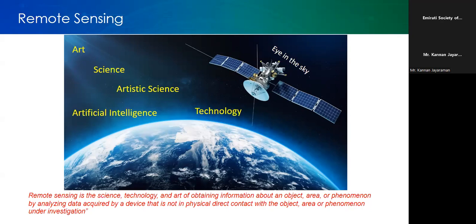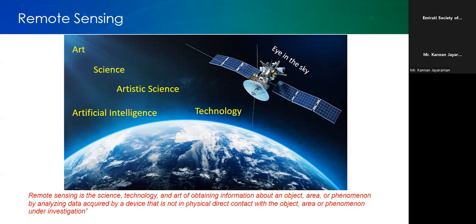To begin with, I'm going to start with the very basic fundamental thought process. What is remote sensing? It is always said to be an art and a science. It can be called an artistic science, because whenever we capture data, we are capturing the nature, the surface of the earth, when you see it from the sky, which we refer to as the eye in the sky, the satellites.